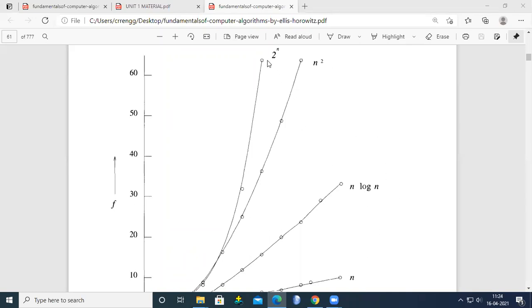When you consider the 2 power n function, its growth rate is very high, so it takes more time. That means with a small increase in the value of n, more time is required for running that particular algorithm.